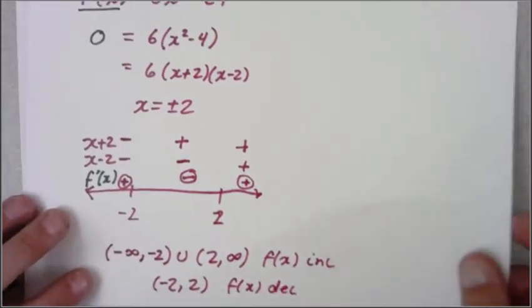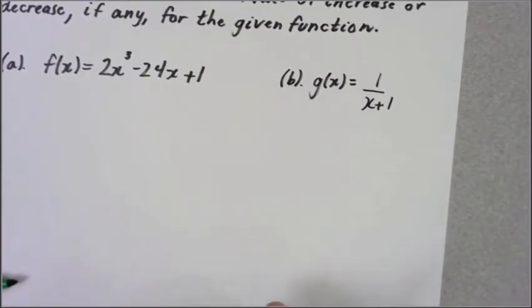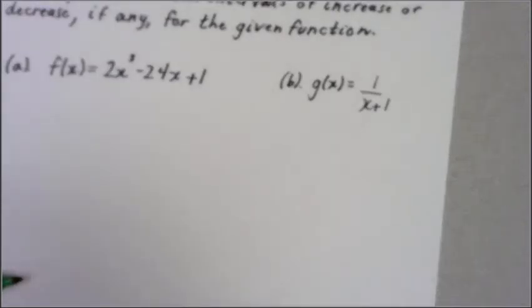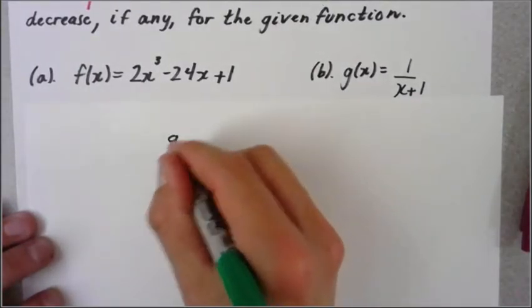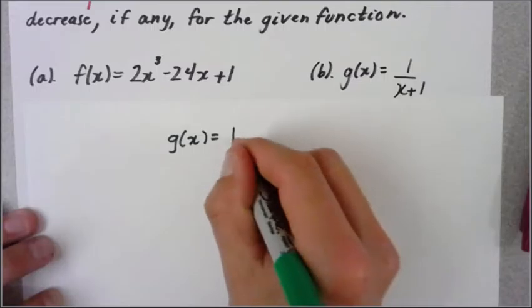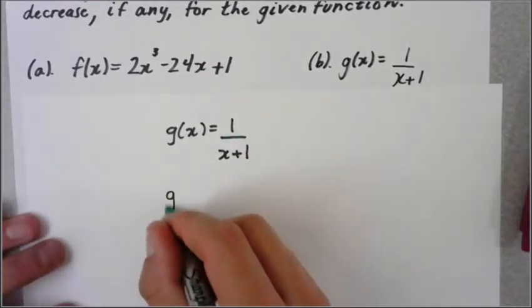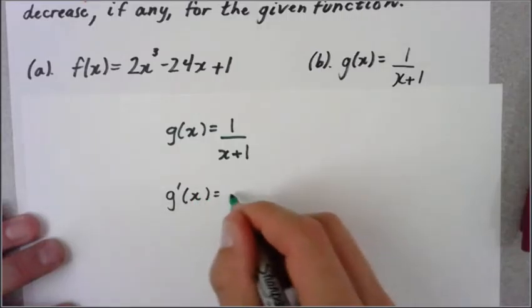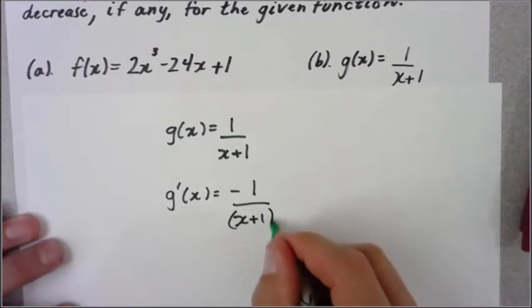Let's look at example number 2 and see what we have here. We have g of x is equal to 1 over x plus 1. G prime here is going to be negative 1 over x plus 1 squared.